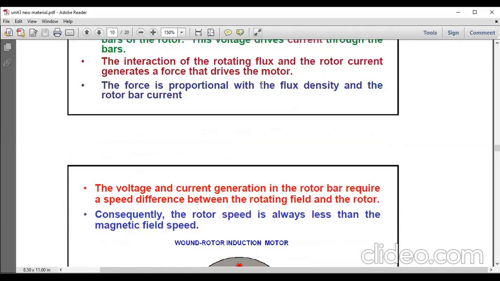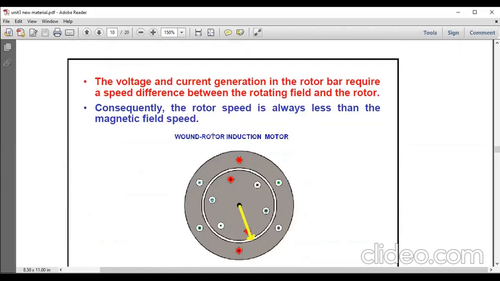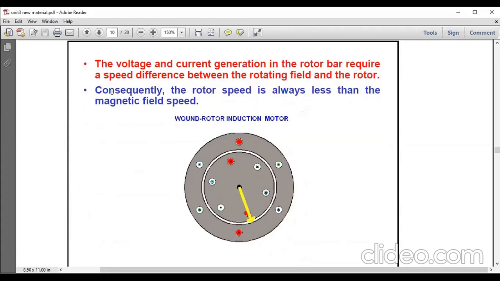The force is proportional to the flux density B and the rotor bar current I. The voltage and current generation in the rotor bar require a speed difference between the rotor field and the rotor. This is the important point. Obviously, the voltage is generated irrespective of whether the rotor circuit is closed or not.